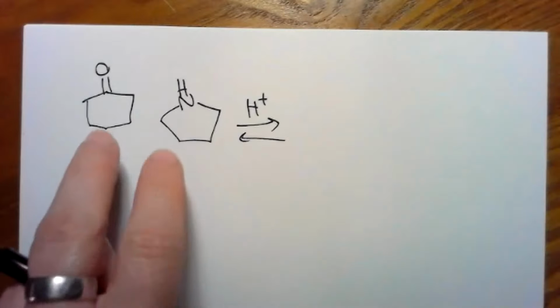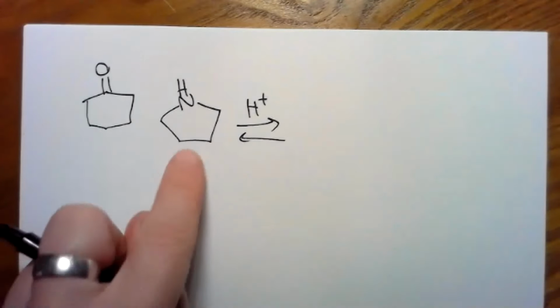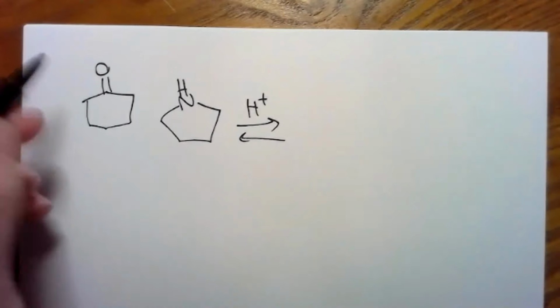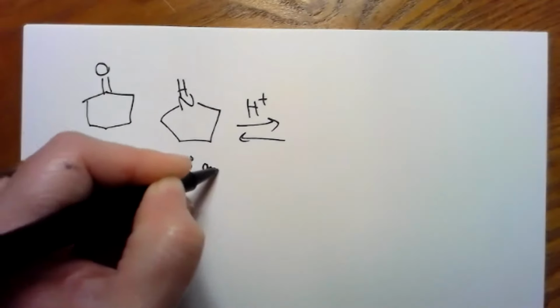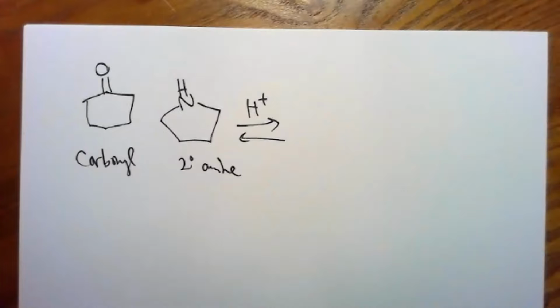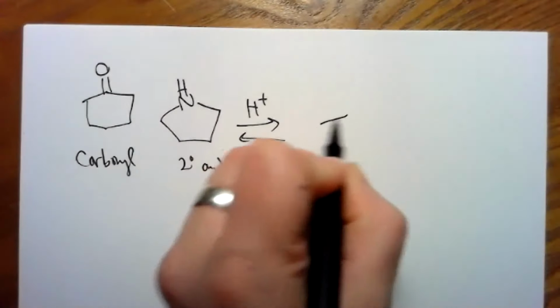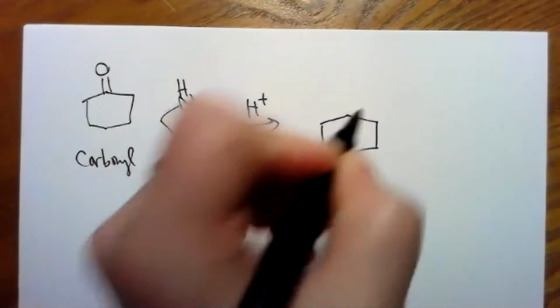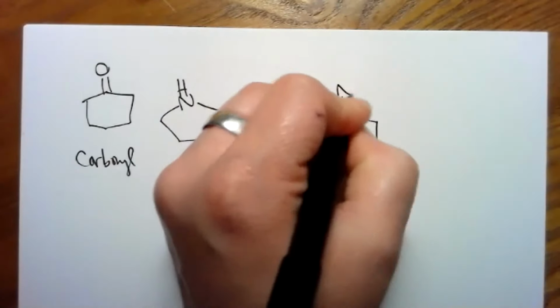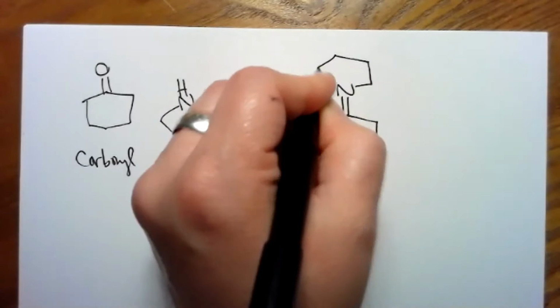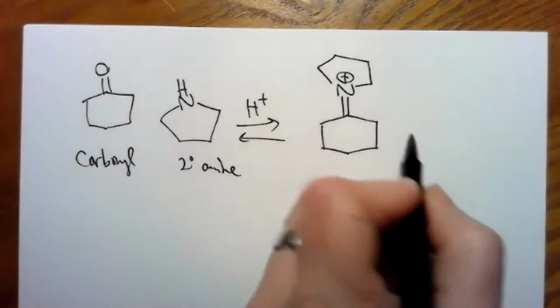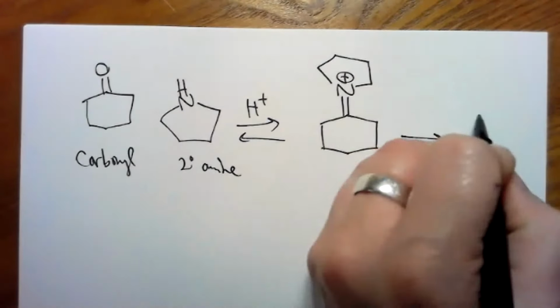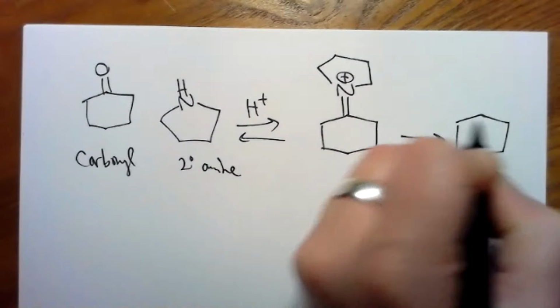Yeah. Aldehyde or ketone plus a secondary amine, put those things together, you make an enamine. It goes through this iminium intermediate, but that's not good enough. That's not the final product.